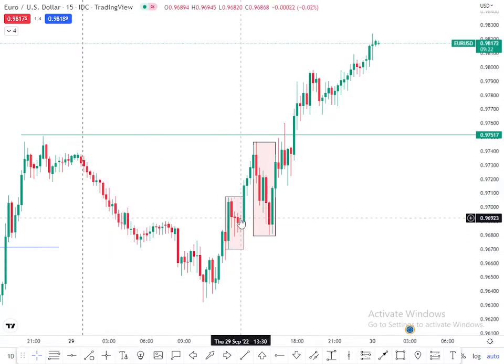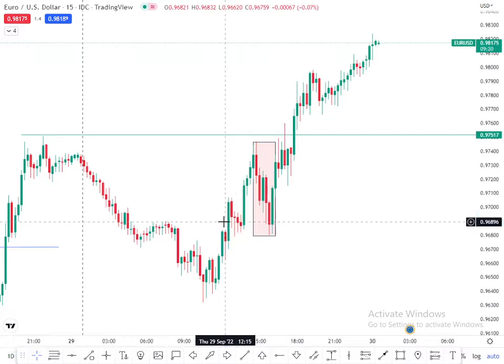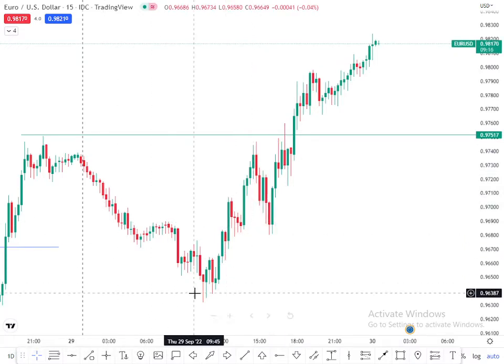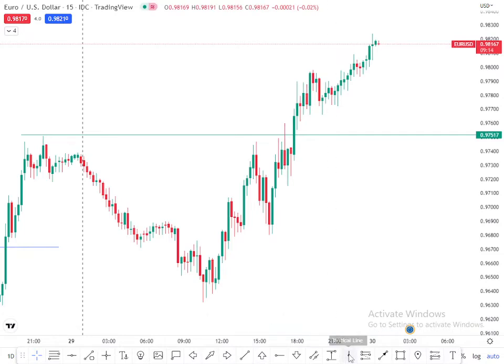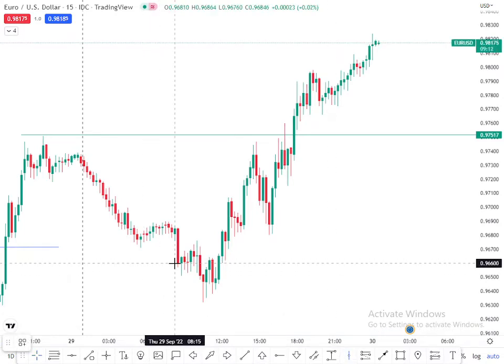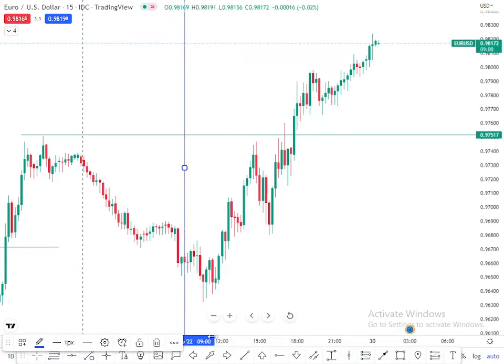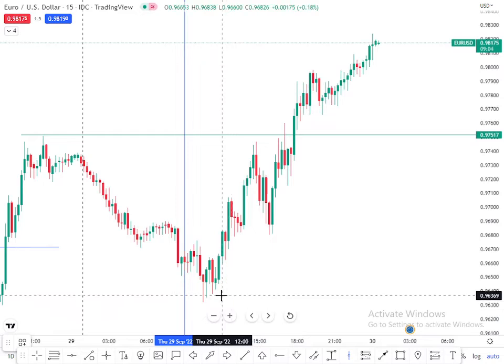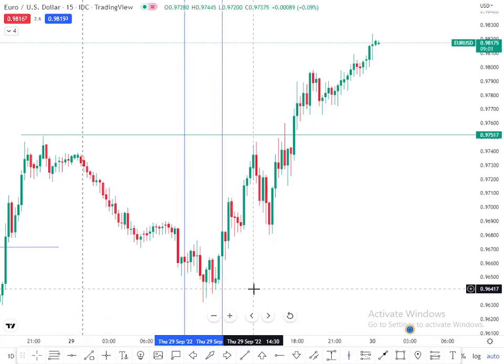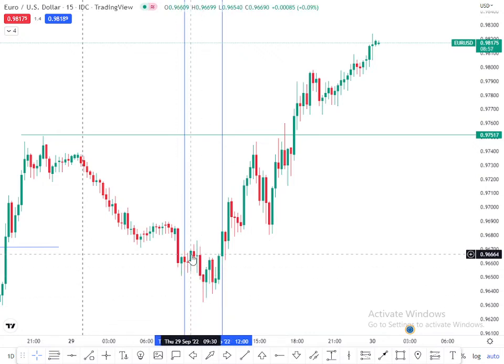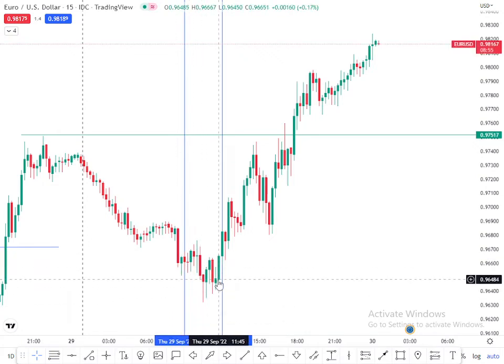So this movement happened during the London kill zone. Sorry, if it's East African time, that's 9 to 12 noon, right? So that's the London session, and you see this particular move happened during this London kill zone.